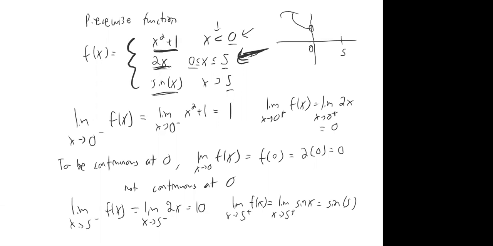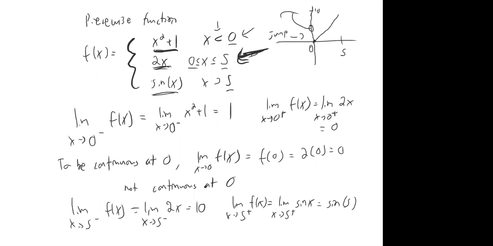And then the line 2x starts at 0 and goes up to like 10. So you see here there's a jump, like you're jumping from the open circle to the closed.